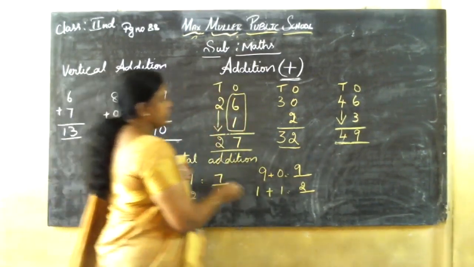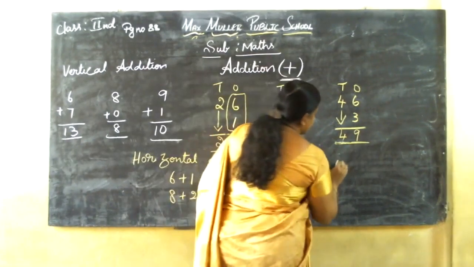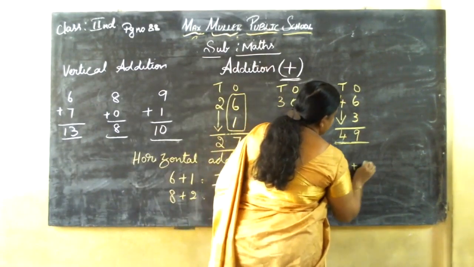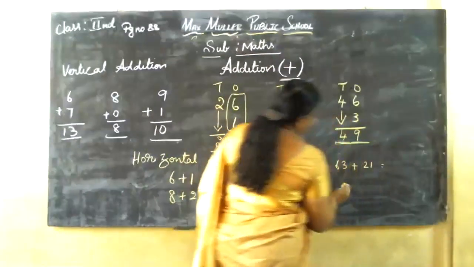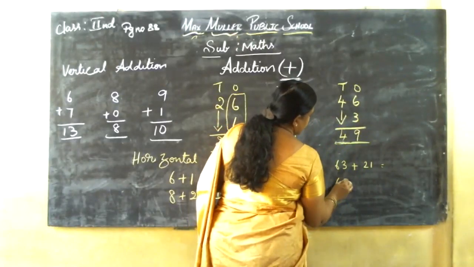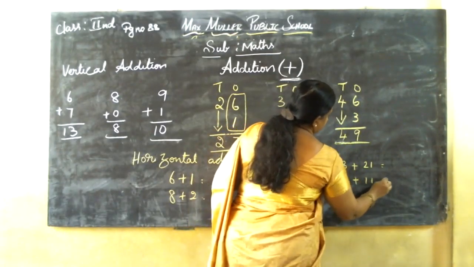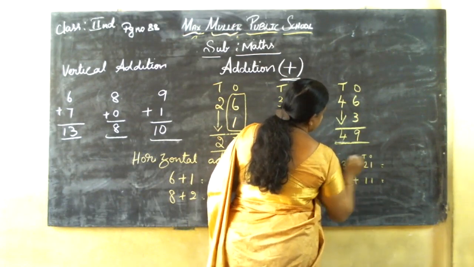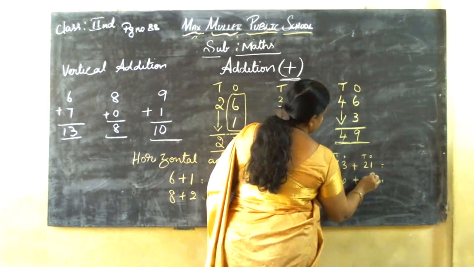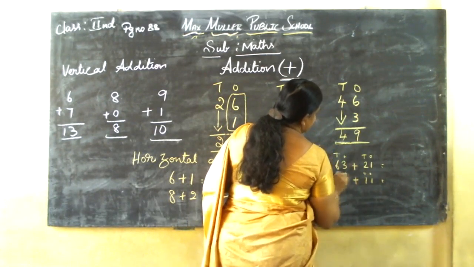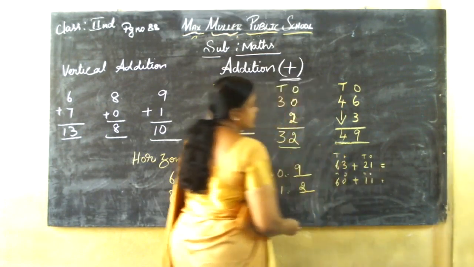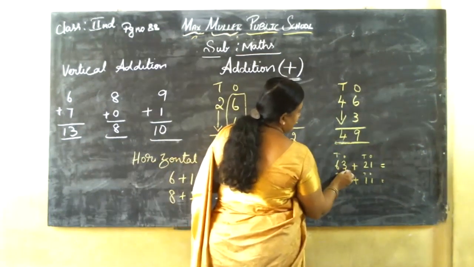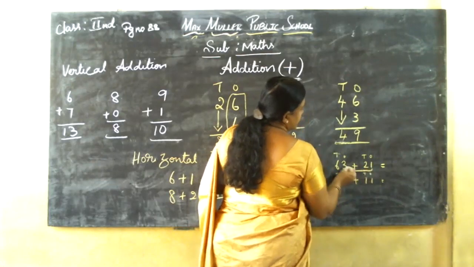Same way we will do two-digit numbers. 63 plus 21. See, you write ones and tens, then you can do it easily. First which number will you add? 3 plus 1.